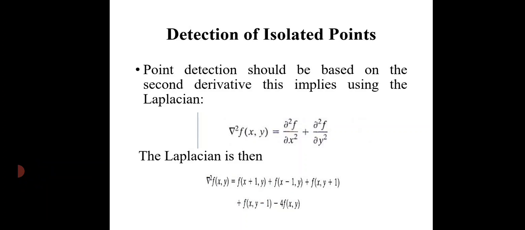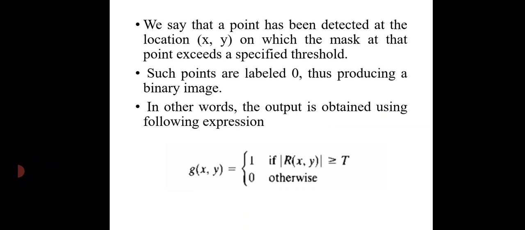In other words, the output is obtained using the following expression: g of x,y equals 1 if the magnitude of R of x,y is greater than or equal to T, and 0 otherwise, where g is the output image and T is a non-negative threshold.